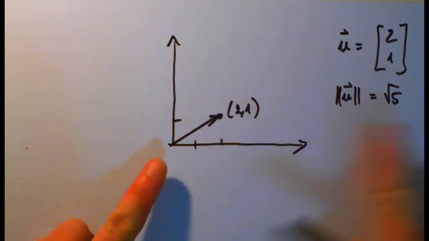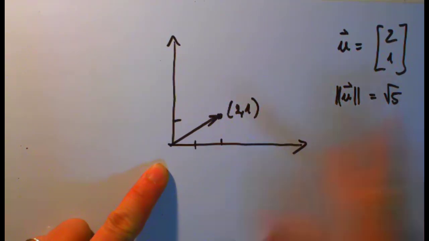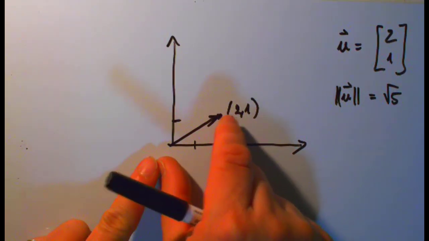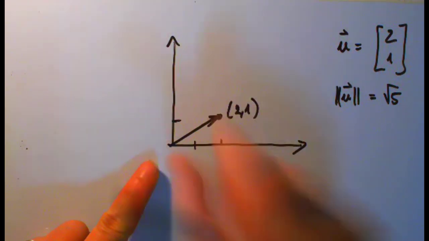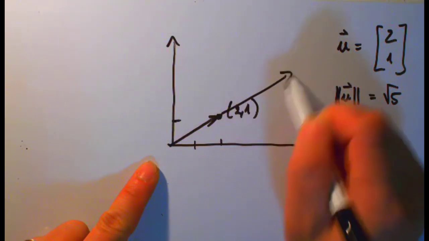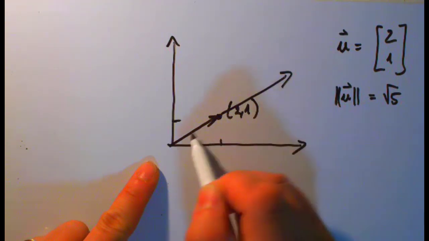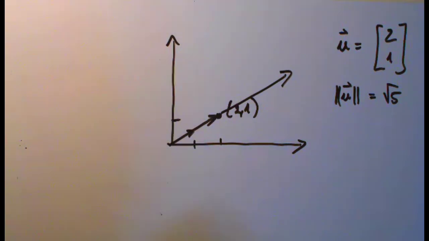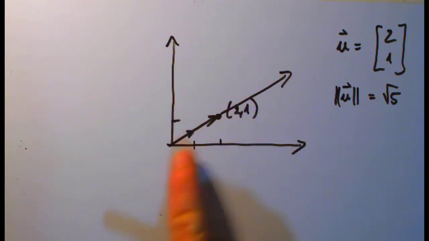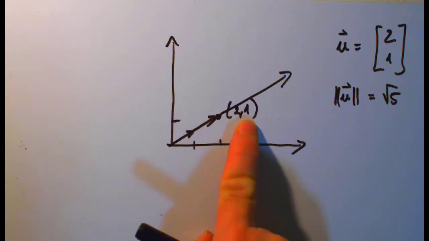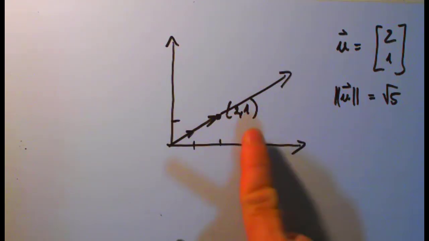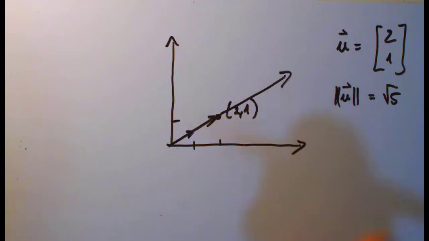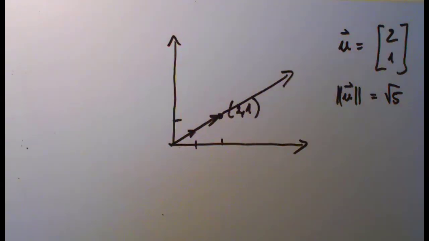And what we just calculated in our example was the length. In the same direction, some vectors could be longer and some shorter. So we need to look for vectors pointing in the same direction as this vector u, 2, 1, but with strictly length 1. And that brings us to the concept of a unit vector.